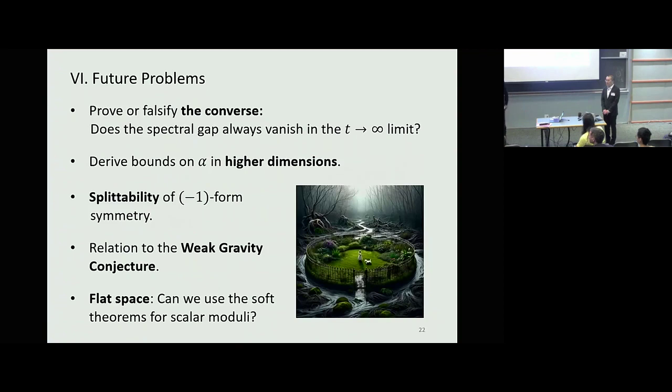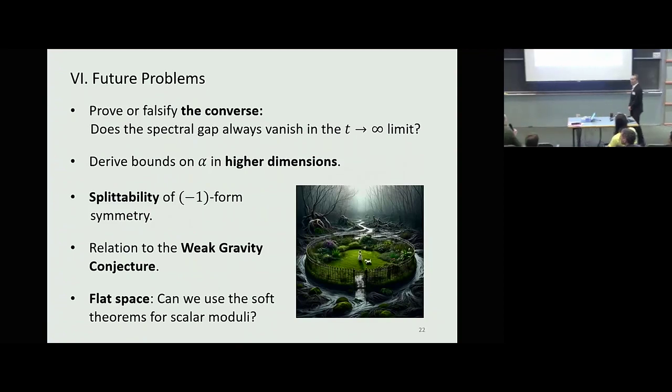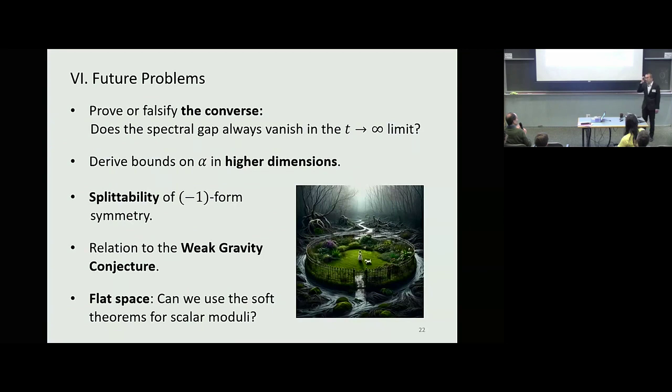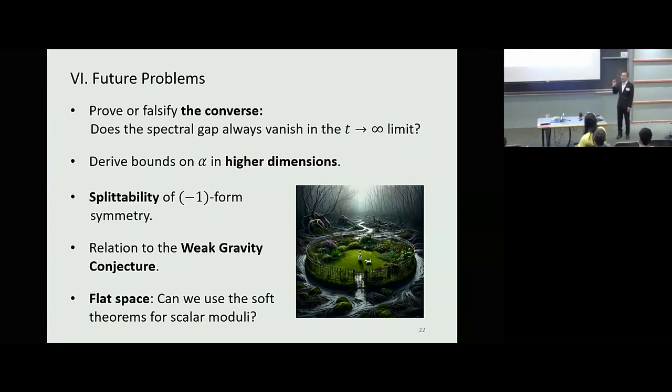My question might be related to the previous one, but let me ask it again. In the bulk, these limits where things become light are either the compactification limits or limits where the string tension becomes small, right? But they don't seem to correspond to theories that on the boundary are free. Yes, this is a very interesting point. There seems to be quite a contrast between the higher dimensional case and the two-dimensional CFT that we discussed here.